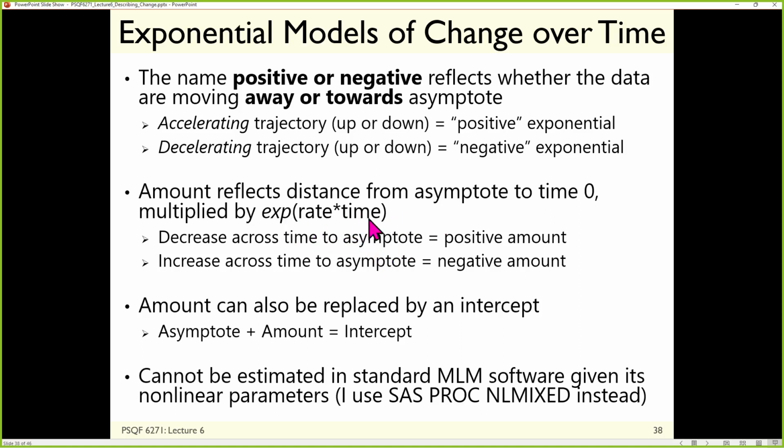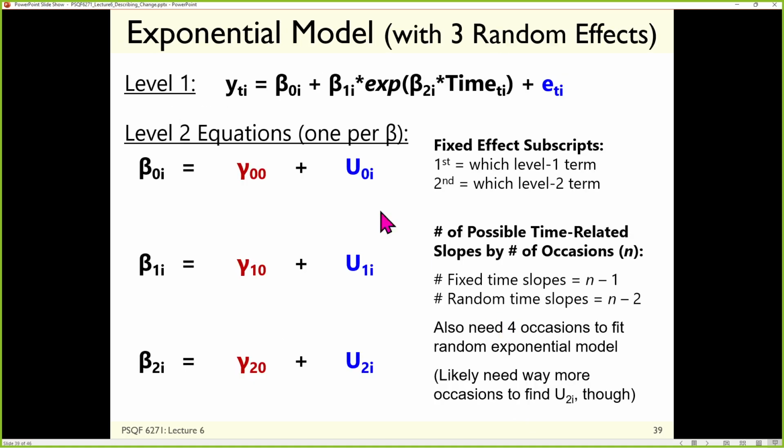And because of this nonlinear part, we can't estimate this in standard multi-level modeling software. We have to find something to where we can control the model and estimate it how we want to. In SAS, I use NL-mixed for this. I am quite certain there are comparable routines in the other packages, I just haven't learned them yet. So this is what the model looks like.